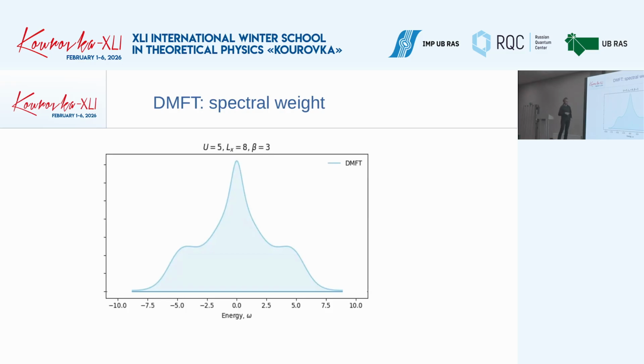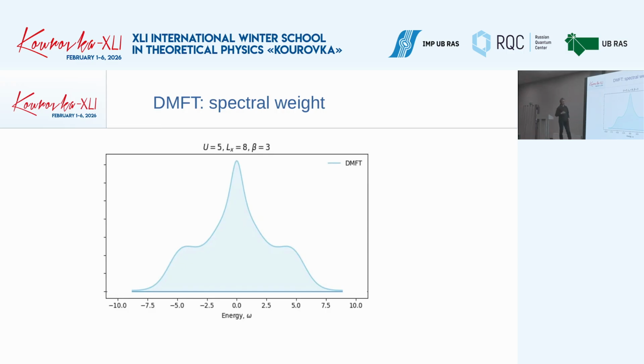So what DMFT does, it transfers the spectral weight over the energy. This is the density of states for the Hubbard lattice at U equal 5 at relatively high temperature.